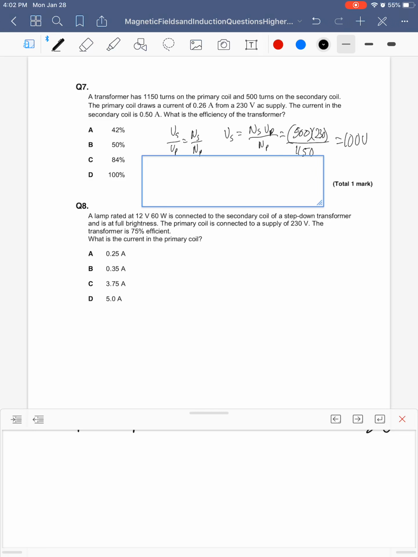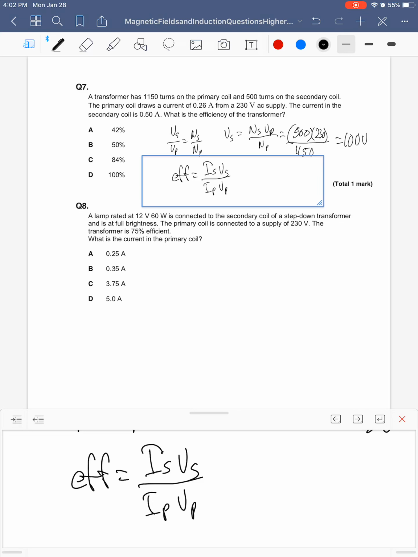Okay, and efficiency is Is Vs divided by Ip Vp. Okay, basically power output divided by power input.